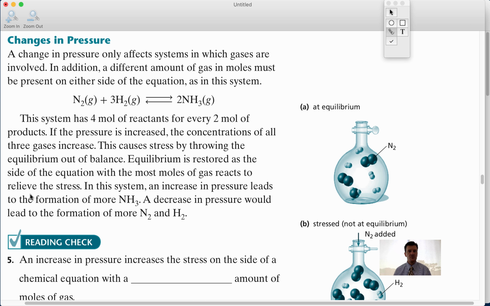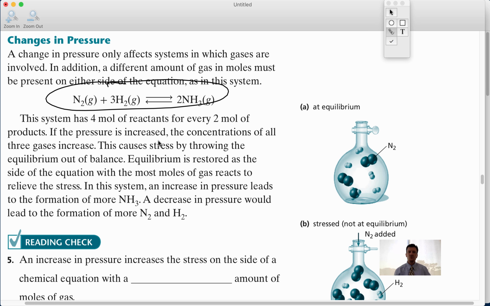If you change pressure, so if you have a reversible reaction happening inside of a container, and then you change the volume of that container, which affects the pressure, or maybe it's in a syringe, or has a piston that you push down, or it's in an expandable container, this is going to shift in order to try to relieve some of that stress that you are adding.